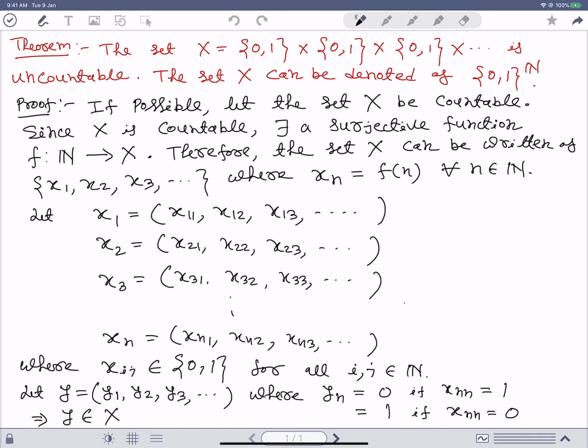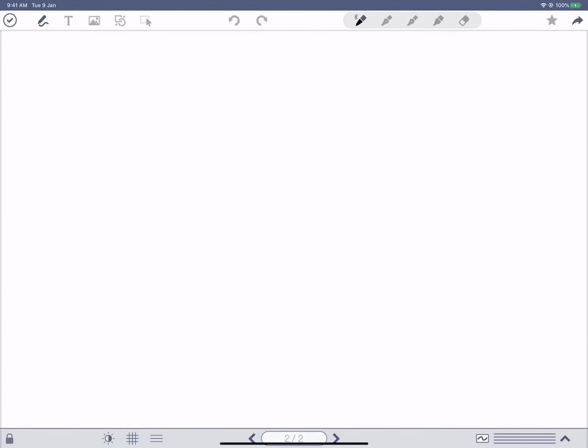Now you can check that y is not equal to x1. Why is y not equal to x1? Because what is the first term of y? It is y1, and the first term of x1 is x11. But see, x11 and y1 are not the same, right? Therefore x1 and y are different. Similarly, you can check that for each n, yn is not equal to xnn, right?